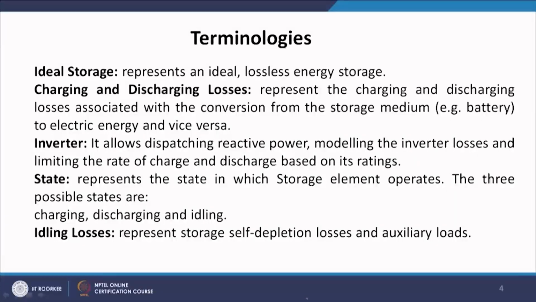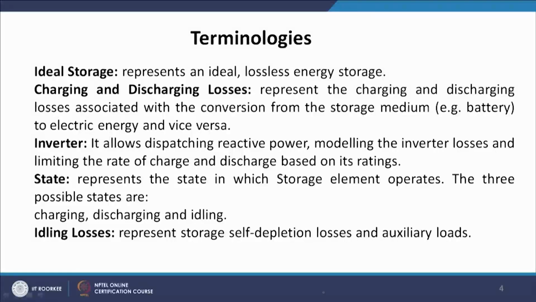Now, there are a few terminologies which are important to understand for the future discussions. First is ideal storage, which represents an ideal lossless energy system. If you say it is a 10 kilowatt system, in reality it cannot give you 10 kilowatts, but theoretically it is 10 kilowatts, which is ideal storage to me. Moving to charging and discharging losses. What are they?